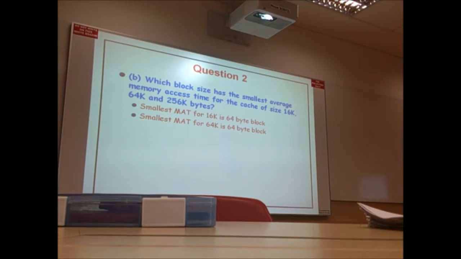And what about 256K cache size? Again 64. So a 64 byte block gives the smallest mean access time for cache sizes 16K, 64K, and 256K.